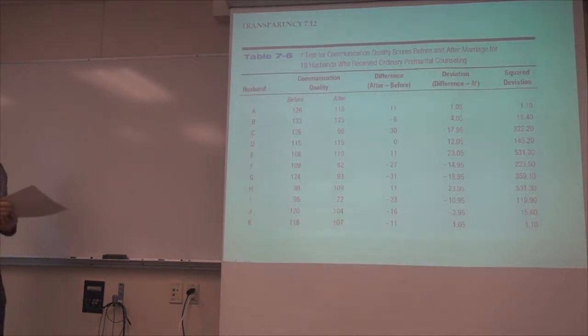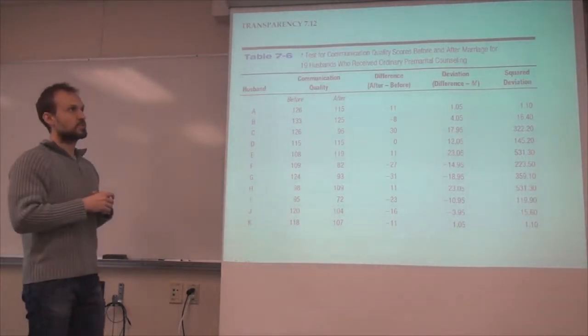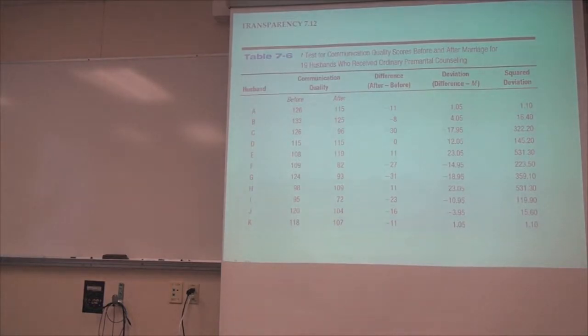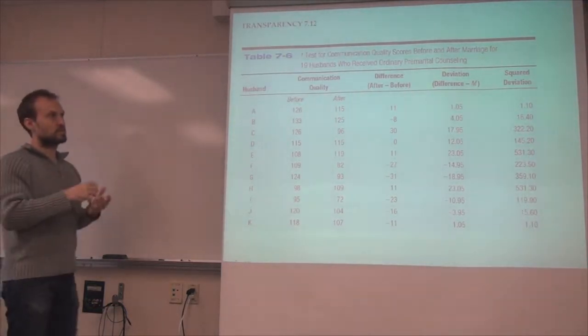So we're going to do two more types of t-tests. The first one is where I'm testing what we call dependent means. So in general, I think of a group of people before a certain treatment is administered.